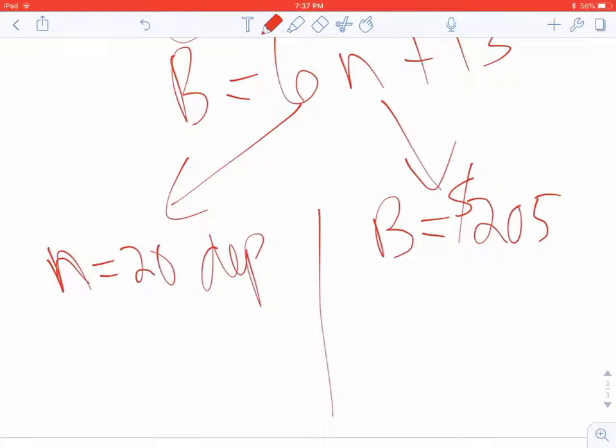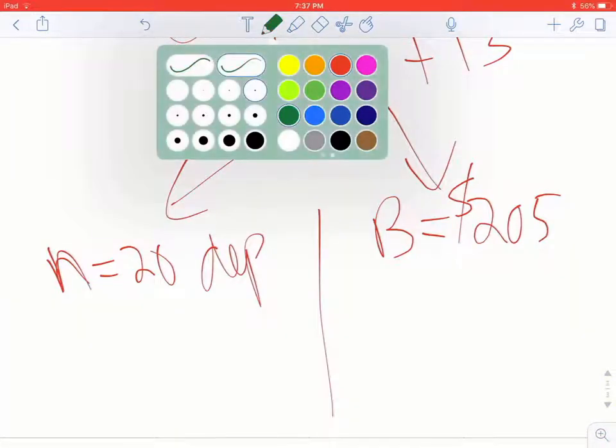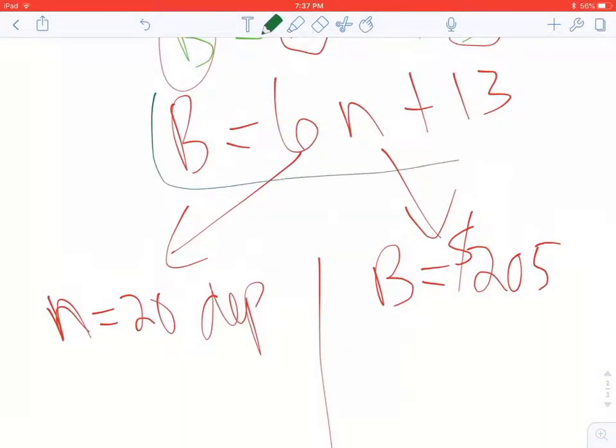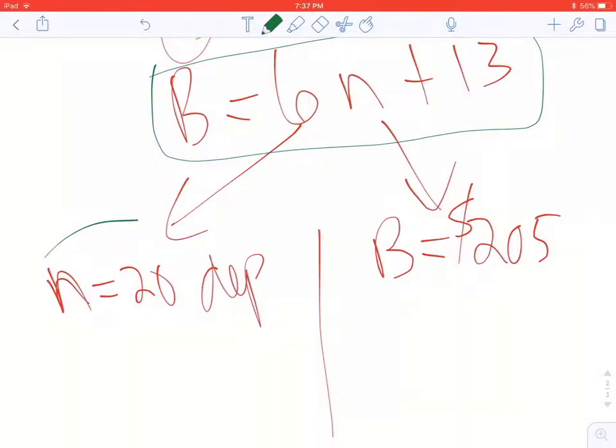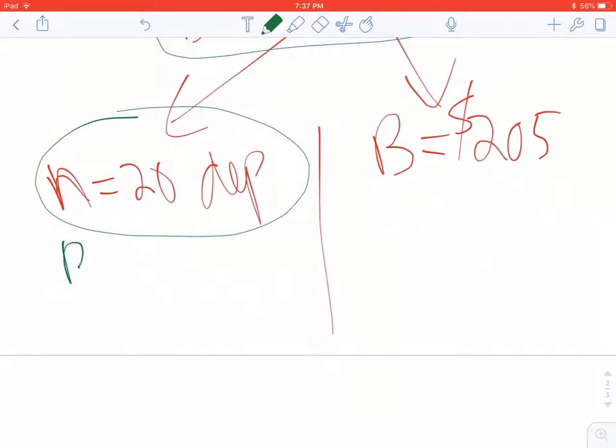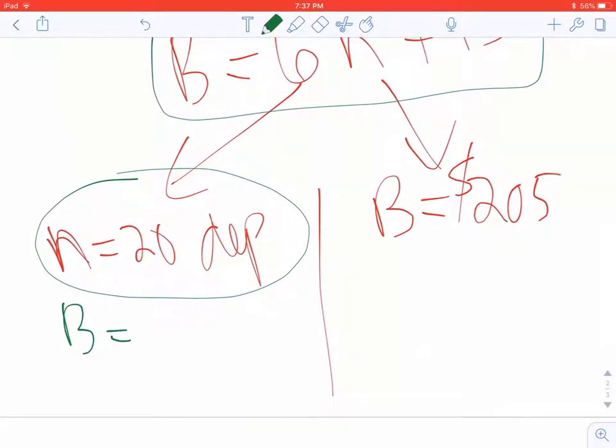So remember, when we do these questions, we're supposed to write the formula, which actually I have right here. Then the next step is to substitute. So for the problem over here, I'm going to replace n with 20. So B equals 6 times n plus 13.